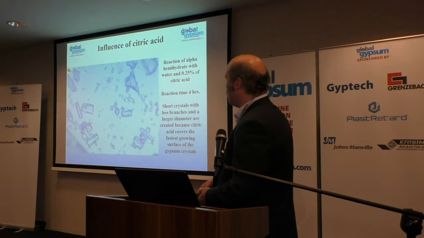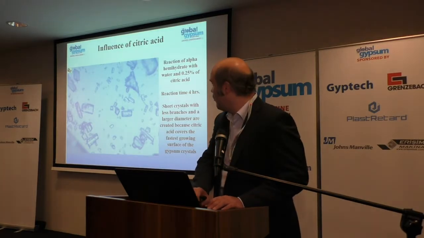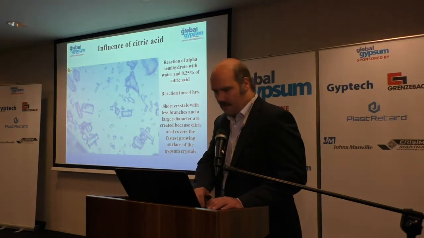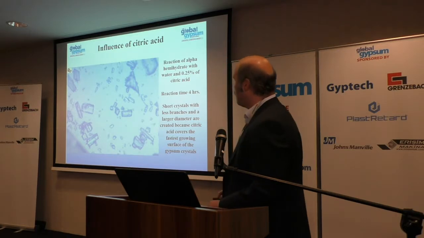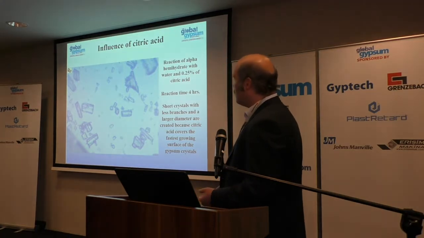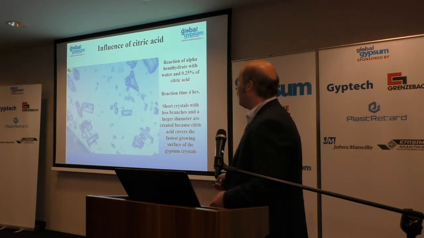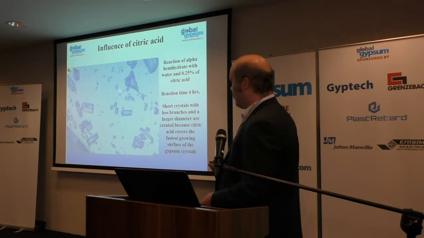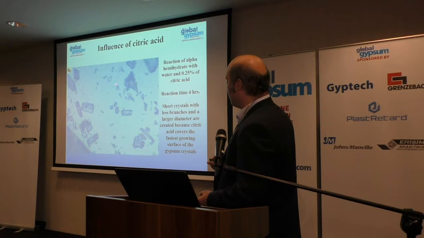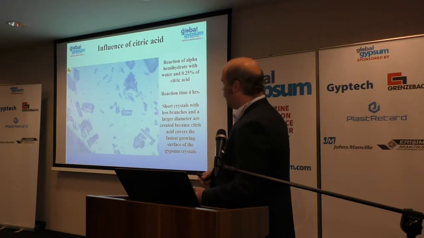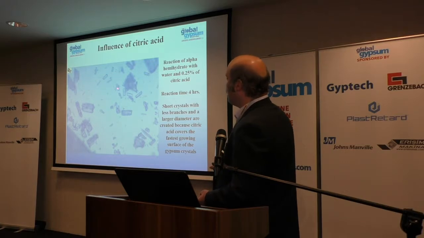And now we add a little citric acid, just a very little amount. And we end up with a totally different morphology. 0.25% is, if you see that on the table, nearly nothing. You get shorter crystals with a larger diameter because citric acid sits on this surface of the gypsum crystal, and it blocks that from growing, and the other ones are more or less free of citric acid.